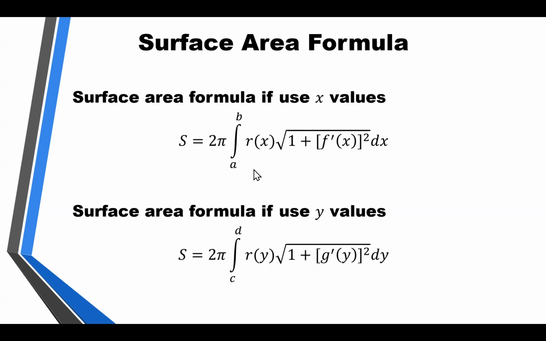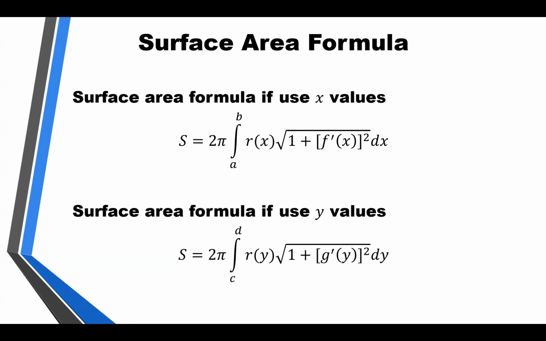When I add those up, if I use x values, then I'm going to have a surface area, which is 2 times pi, integrate from a to b, a radius times the arc length calculation of square root of 1 plus derivative of f squared, all integrated with respect to x.